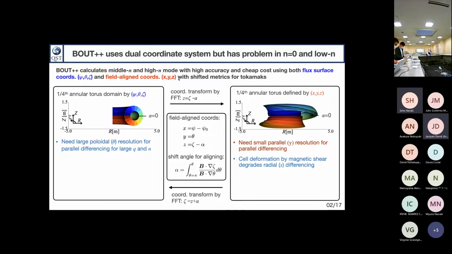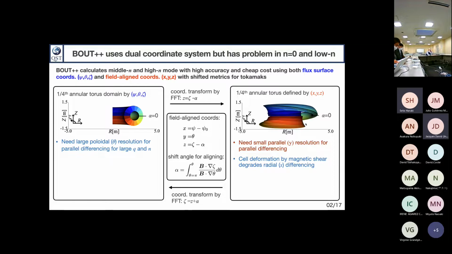On the other hand, the computational grid in the field-aligned coordinate system is constructed by shifting the grid in the flux surface coordinates in the toroidal direction by angle alpha. Alpha is related to the local magnetic field pitch, and the grid is shown on the right. In this grid, parallel differentiation can be evaluated with coarse resolution, since the grid is aligned to the magnetic field line.